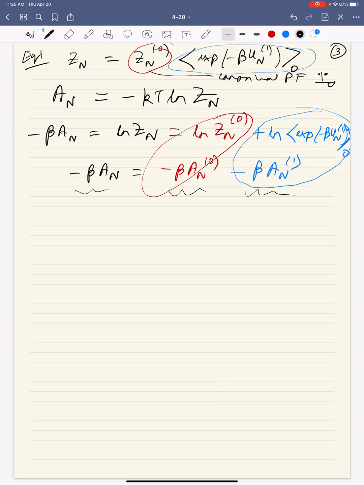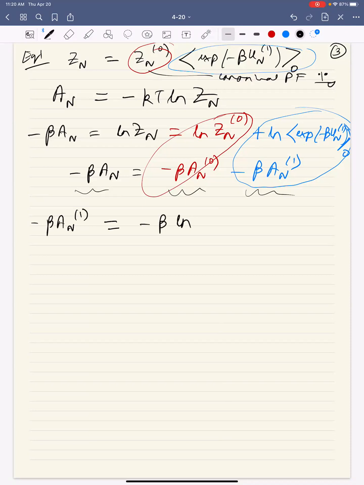So what I'm saying here is that minus beta AN1 is minus ln.